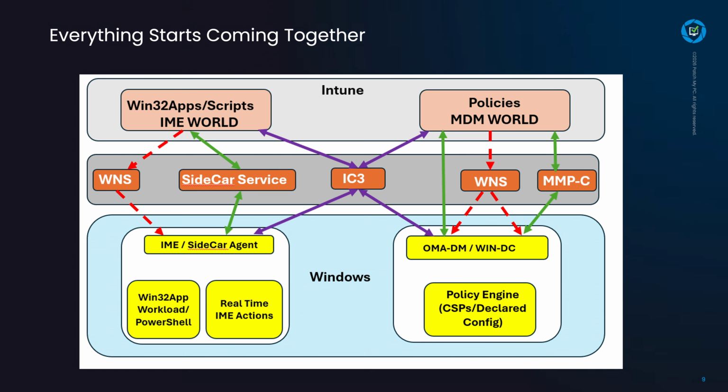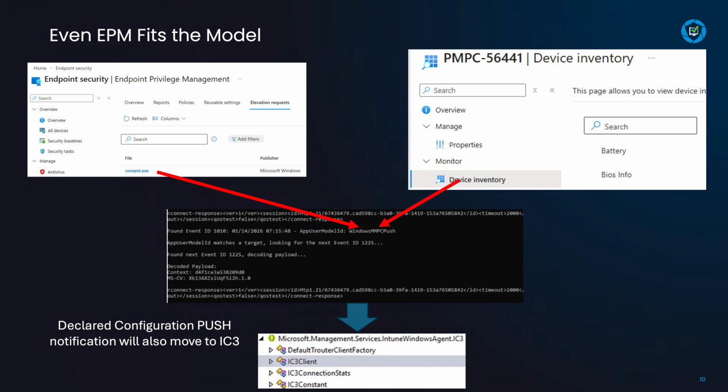So Win32 apps, PowerShell scripts, device actions, they can all move to IC3. And that's the moment you start thinking about other things as well, like EPM or other declared configuration policies like device inventory. All of those could also benefit from IC3, because MMPC also relies on the same push notification to arrive, and that push notification is sent through the WNS service.